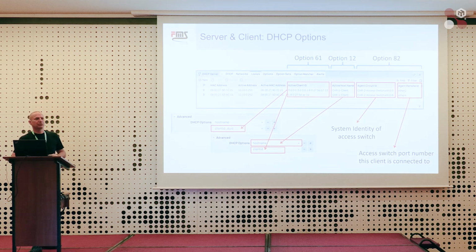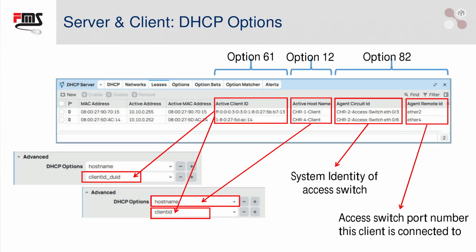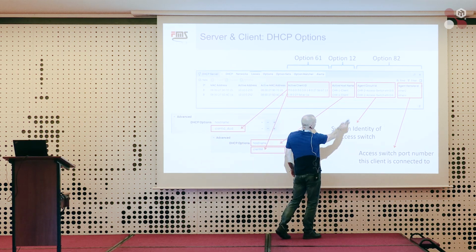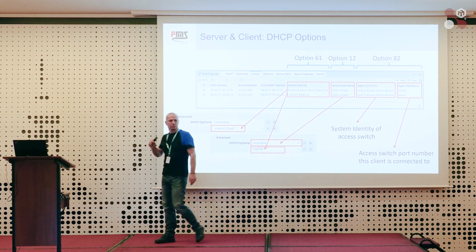And here's the result that you will get on your DHCP server. You see three options, option 61, option 12, and option 82. We will receive information for these options in our DHCP leases table. On the very right-hand side is option 82. Option 82 is showing you the agent circuit ID, so the system identity of the switch this very client is connected to.